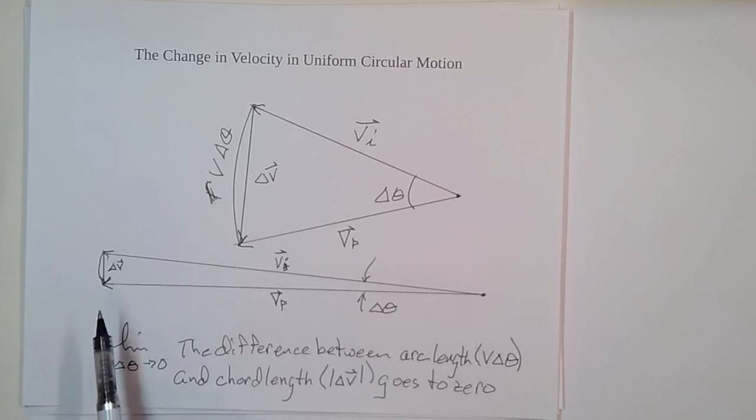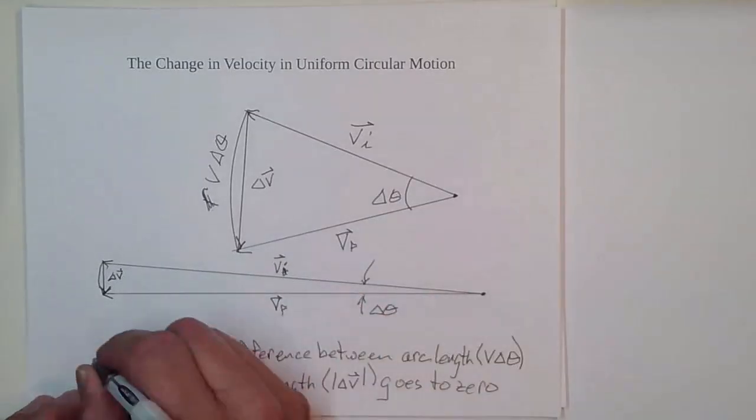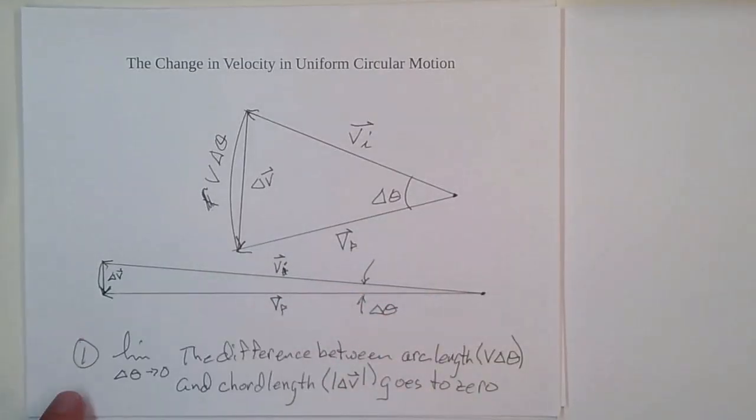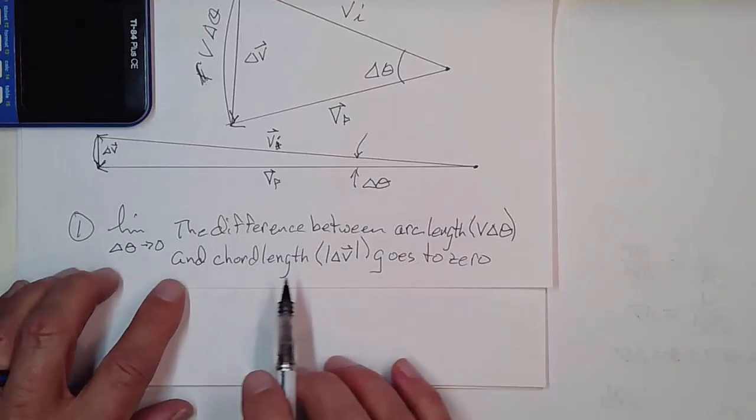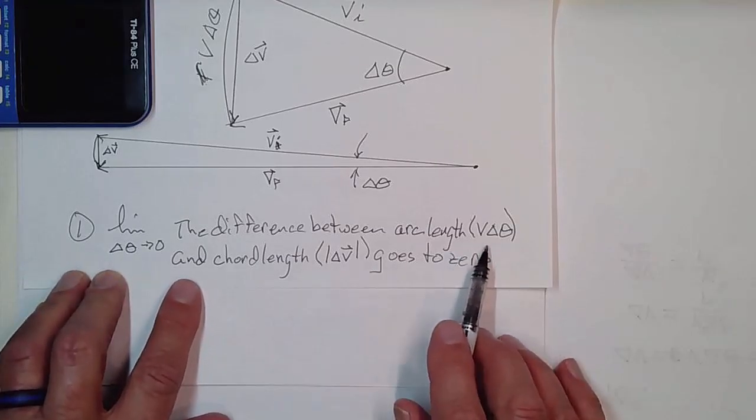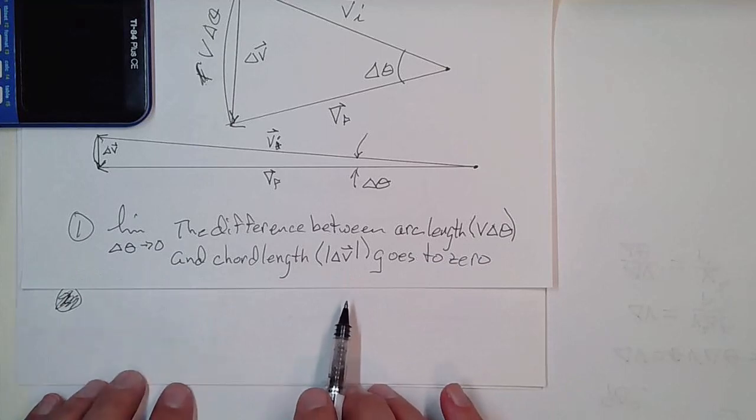And so I can use delta V to represent the arc length if I want to. So I can say V delta theta might equal delta V, or vice versa. This is the first difference that happens. Let's do something with this idea that V delta theta is equal to delta V.